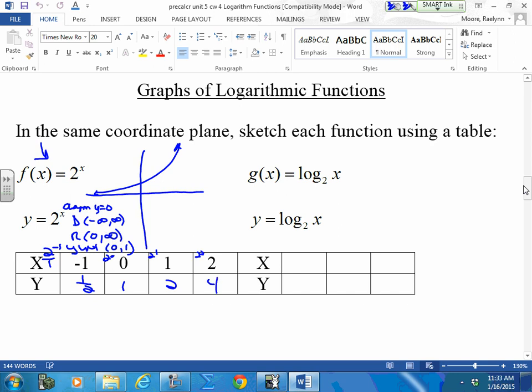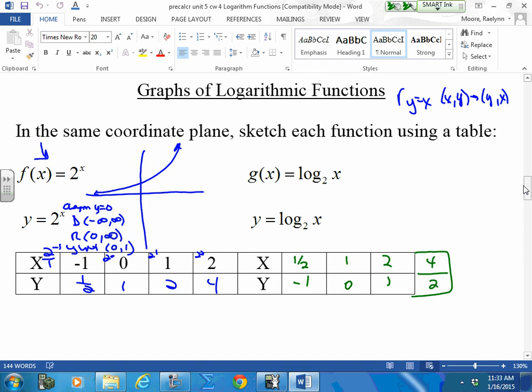Now, your rule is, because it's a reflection, every xy is going to swap to yx. So rather than graph this, we're going to take your table and use this rule. We're going to switch these, interchange them. So 1/2, negative 1, 1, 0, 2, 1, and I'm missing a little box. 4, 2.